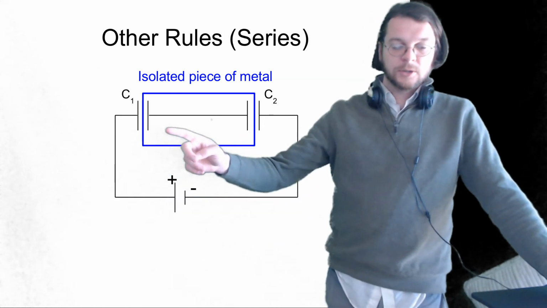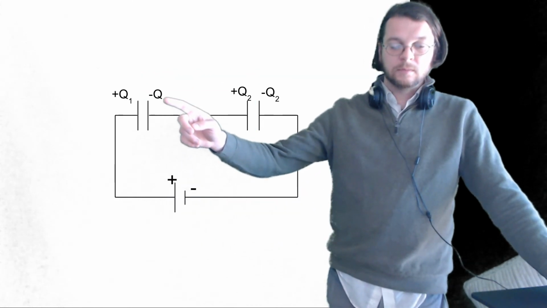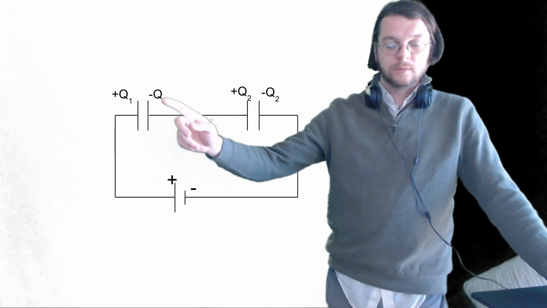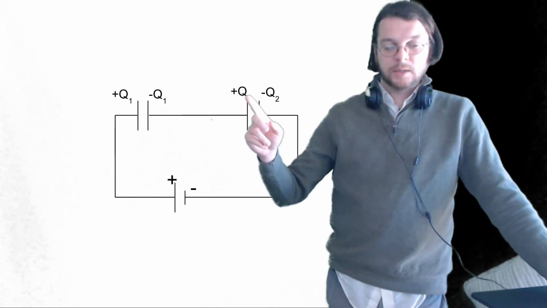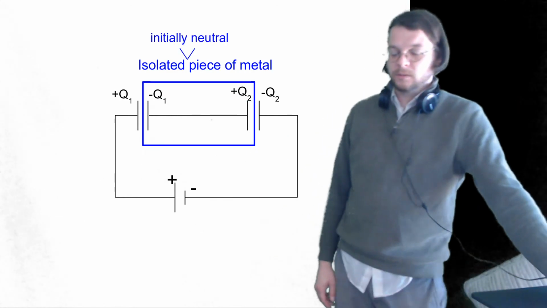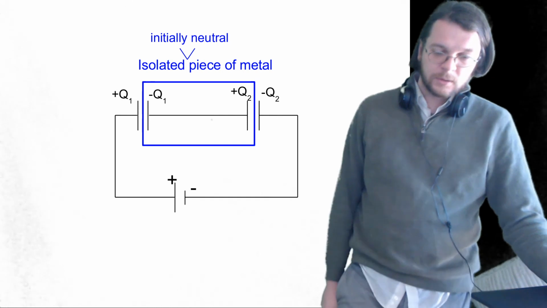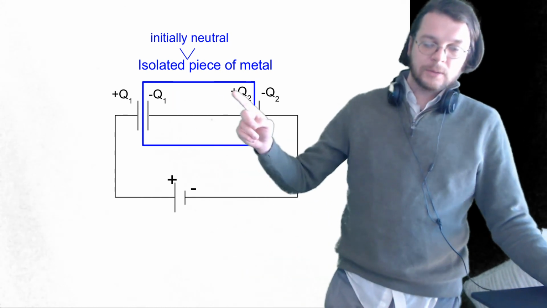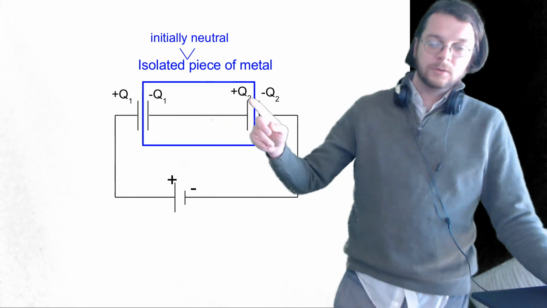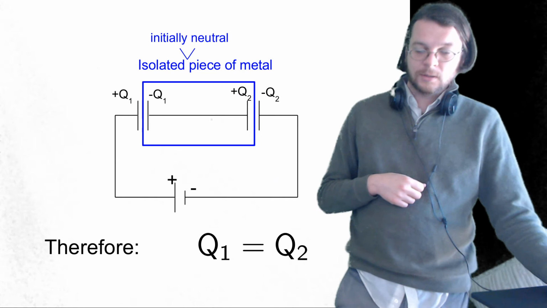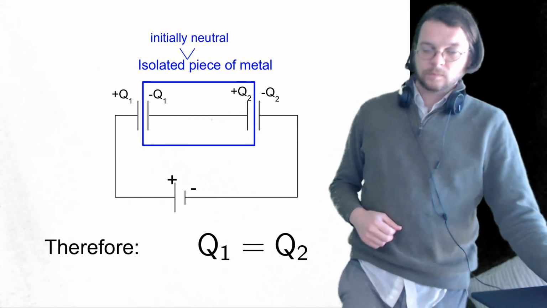And so that gives us a relationship between the two plates, which means that minus Q here plus this should add up to 0, right? Because there's really no good reason why it wouldn't be initially neutral. And so if minus Q1 plus Q2 equals 0, that basically means Q1 has to equal Q2, right?